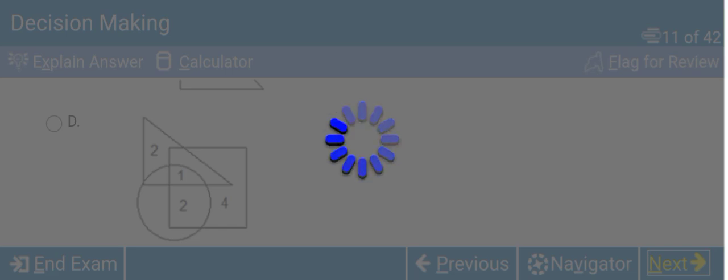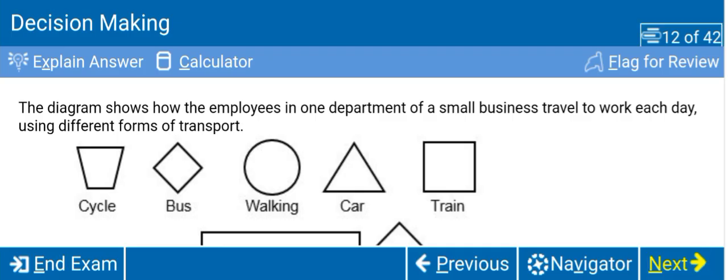Next we have a diagram that shows how the employees in the department of a small business travel to work each day using different forms of transport. So here we have a diagram.